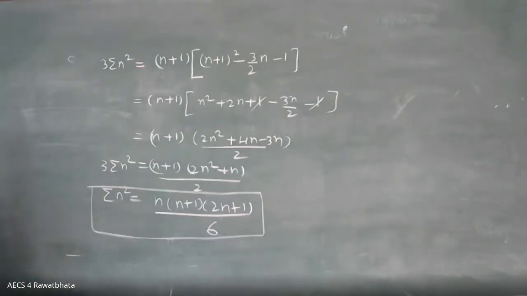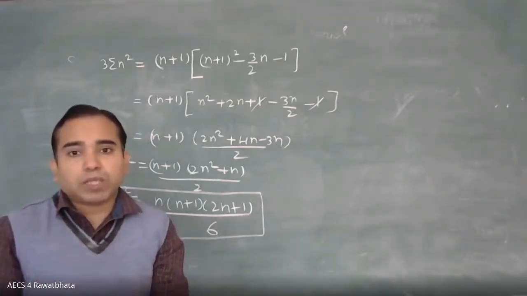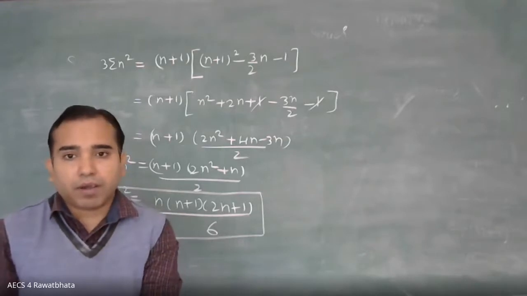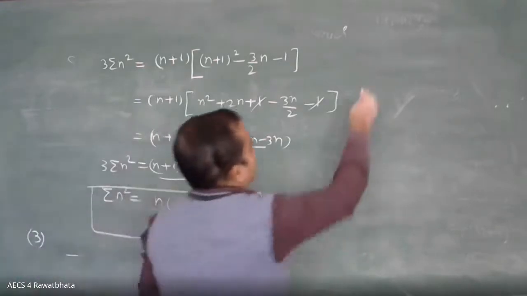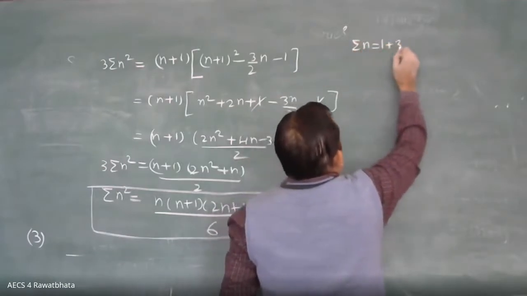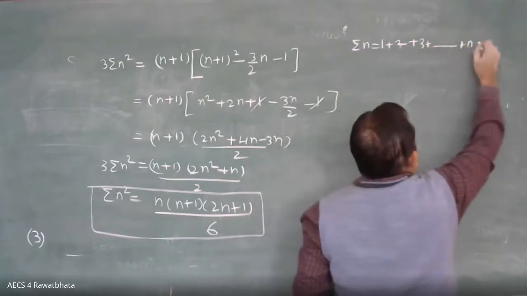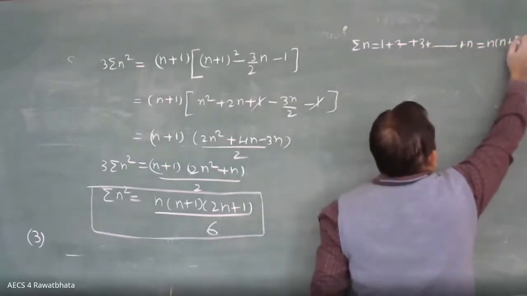And similarly, one more formula. In the first formula we wrote 1 plus 2 plus 3 up to n, right? Let me write it at one place. Summation n was 1 plus 2 plus 3 up to n, and it came n into n plus 1 whole upon 2.